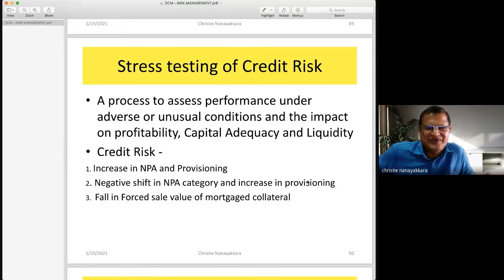At that time you would have looked at each and every facility given to the hotel and tourism sectors, and identified vulnerable facilities, that is, those which can go bad because they don't have other businesses or cash flows to pay, and done some rescheduling and other things.